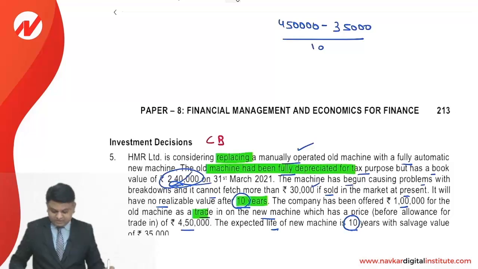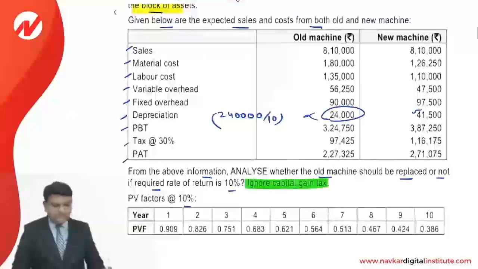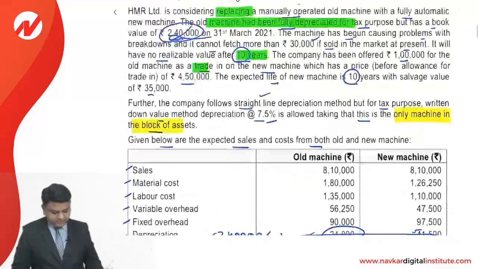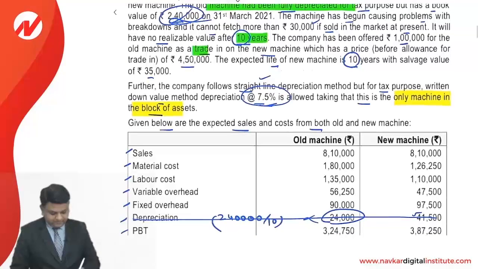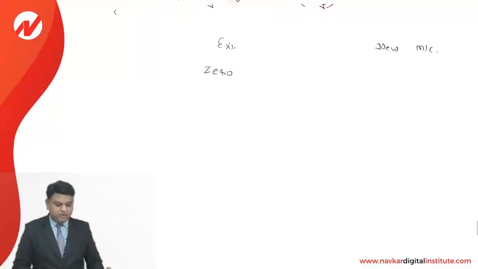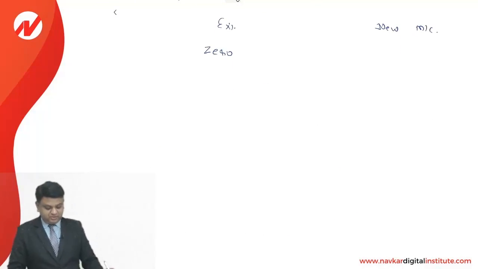So 4,50,000 minus 35,000, that is 4,15,000, divided by 10. That is the way this 41,500 is given. However, again it is of no use to us. Why? Because from the tax point of view, which method is allowable? WDV. So we have to follow the WDV method. And the question provides that you have to follow the block of asset method of depreciation.